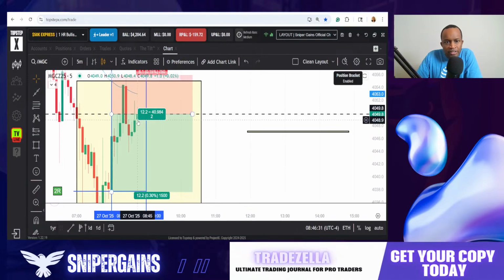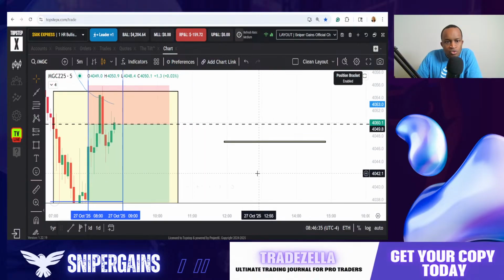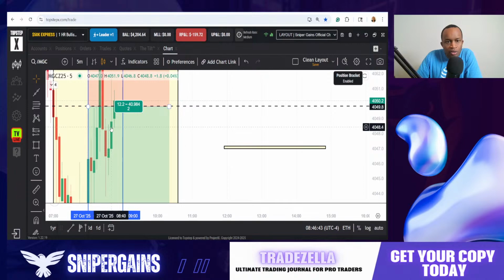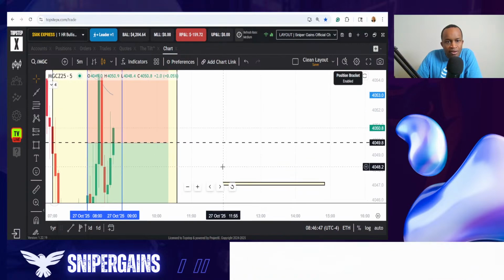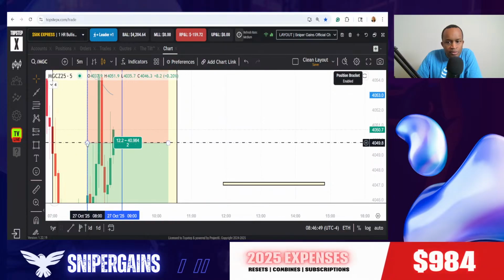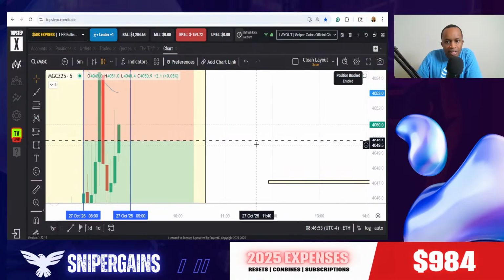Okay, so now we're in the critical time slot, 8:45. Ideally, as it keeps going up and up and up, we want to make sure that the fair value gap is able to close below here. So we want to keep an eye on it and see if there will be a fair value gap that's formed.